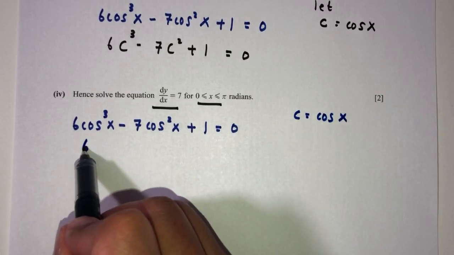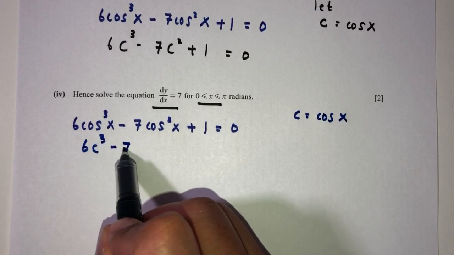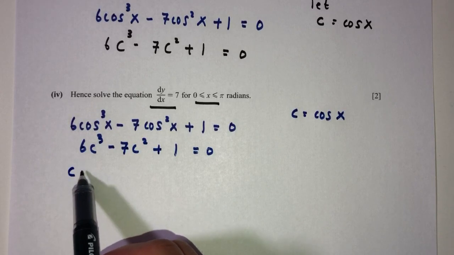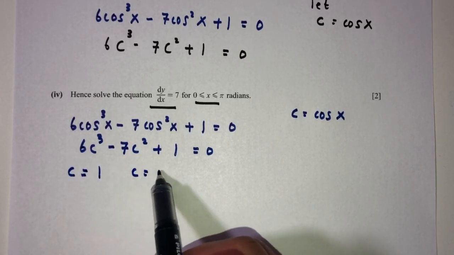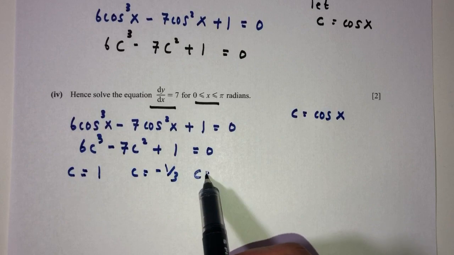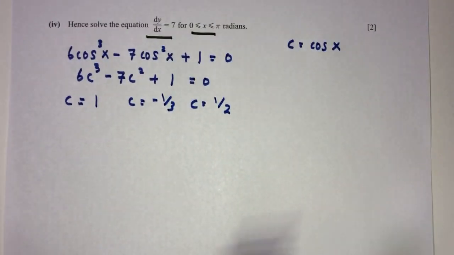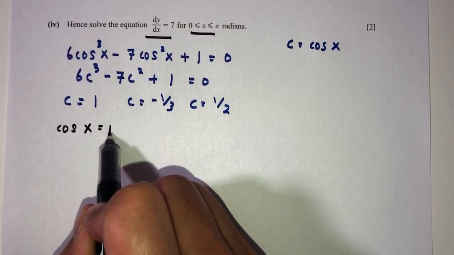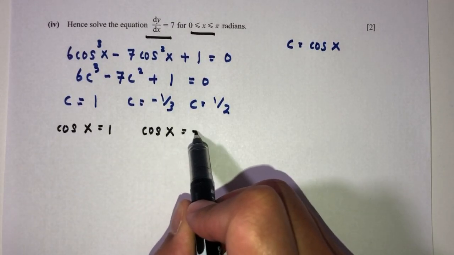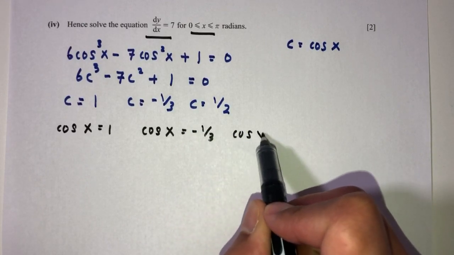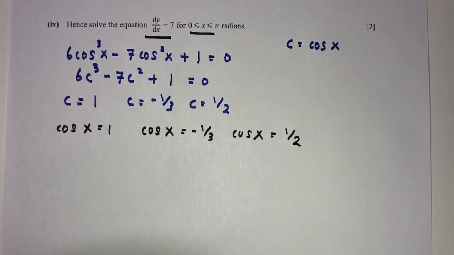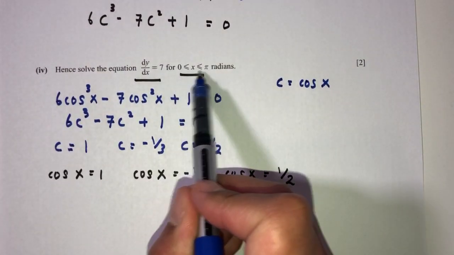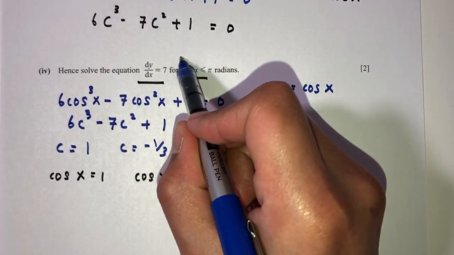So we have 6c cubed minus 7c squared plus 1 is 0. Now from part 1 we know c is equal to 1, c is equal to minus 1 over 3, and c is equal to half. So let's rewrite the values now. Back again, you will have cos x is 1, cos x is minus 1 over 3, and cos x is half.